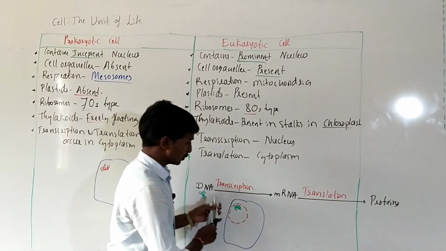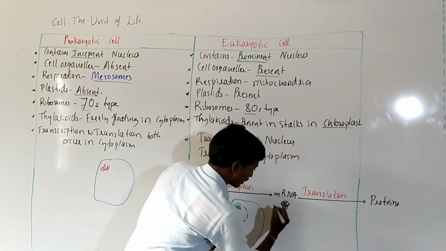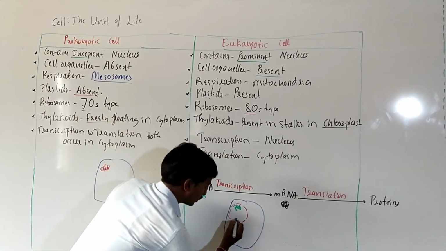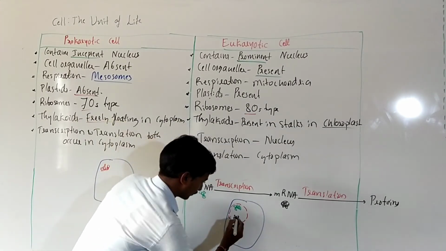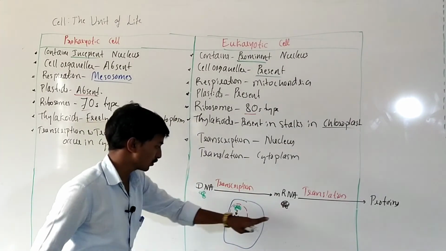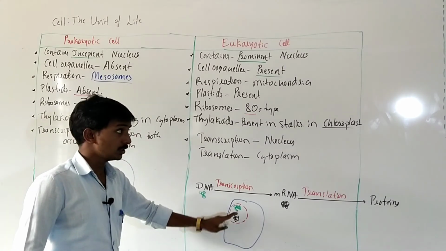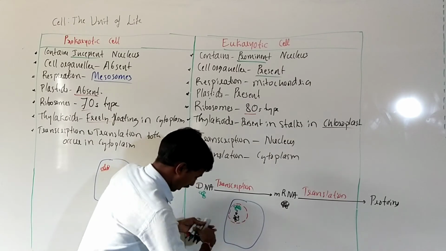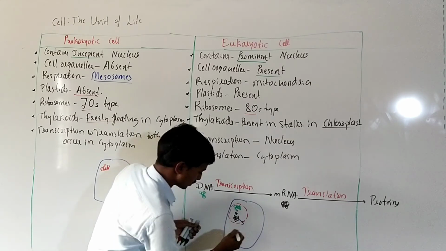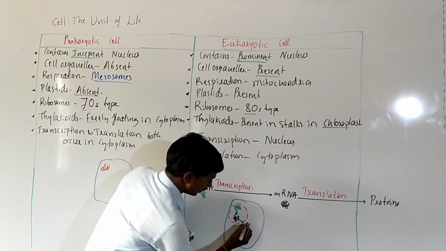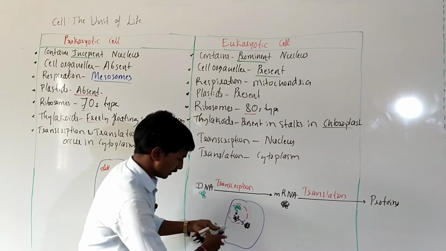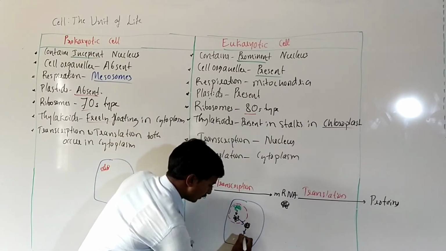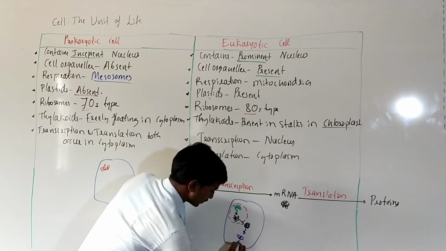Then the DNA should become mRNA. This process, transcription, occurs in the nucleus in eukaryotes. After transcription, the mRNA comes out of the nucleus, and inside the cytoplasm, the mRNA converts into proteins.